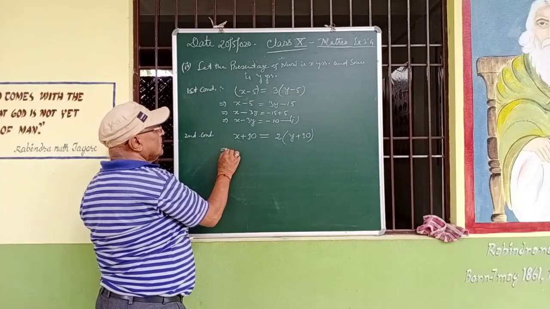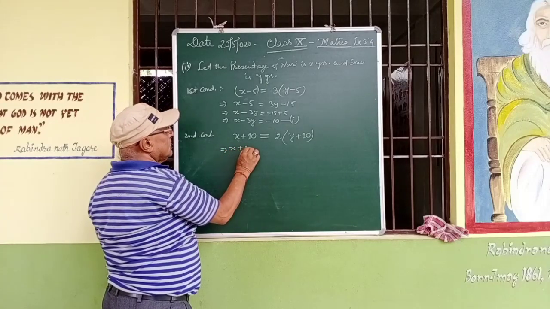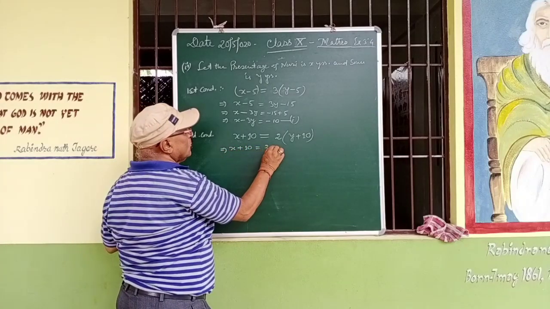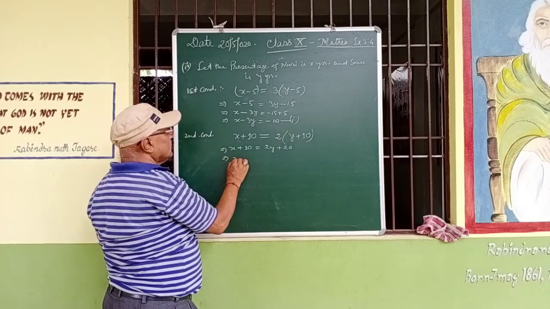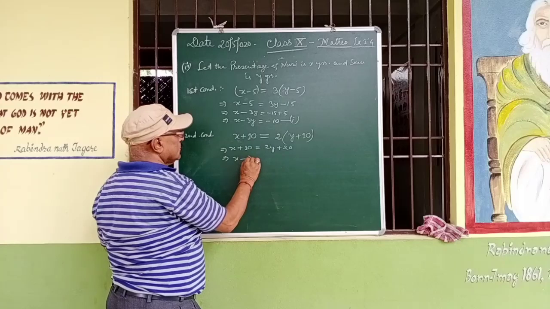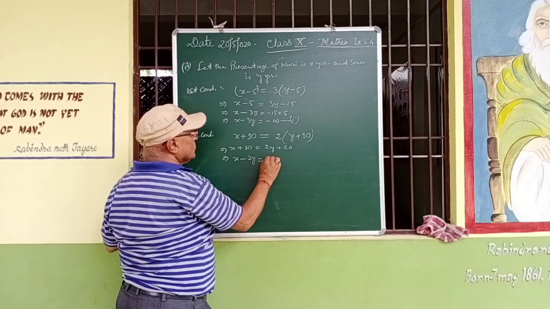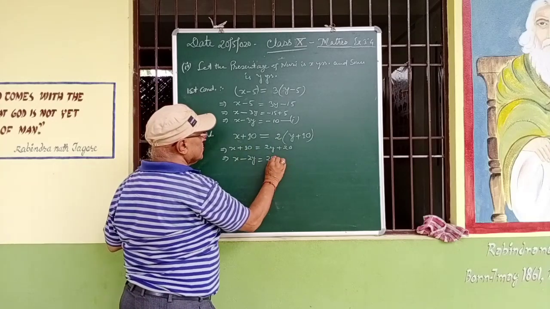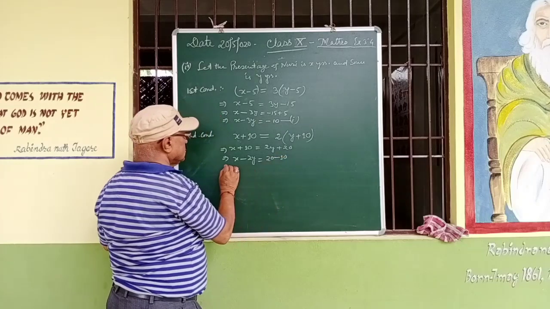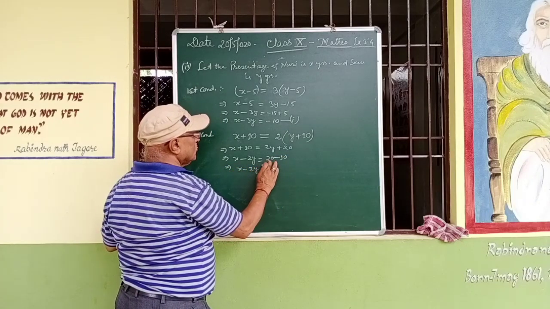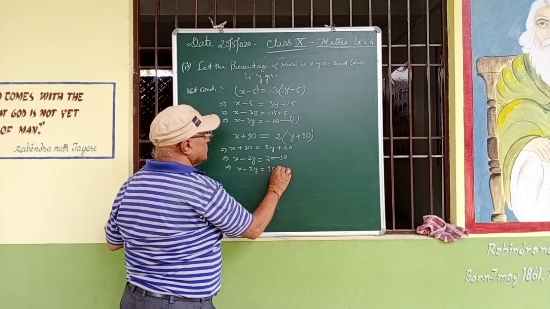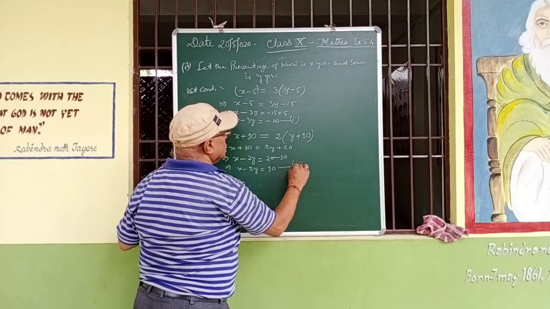Now x plus 10 is equal to 2y plus 20, or x minus 2y is equal to 20, that 10 you take that side, it will be minus 10, or x minus 2y is equal to 20 minus 10. It is equation number 2.